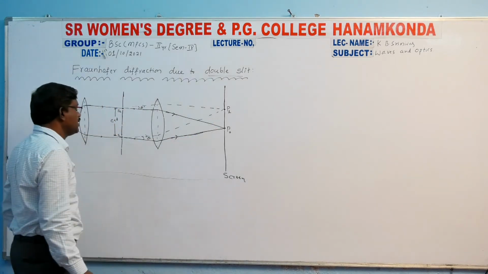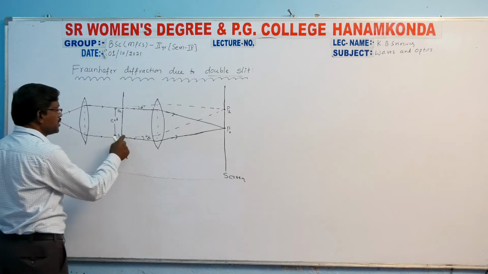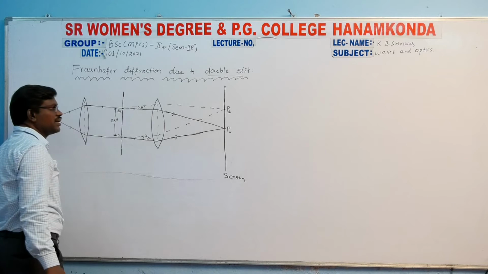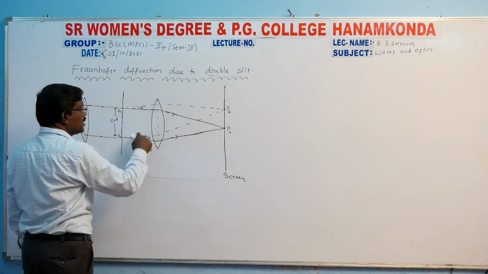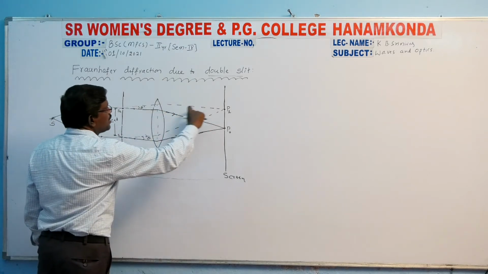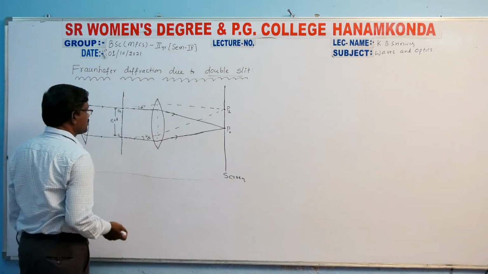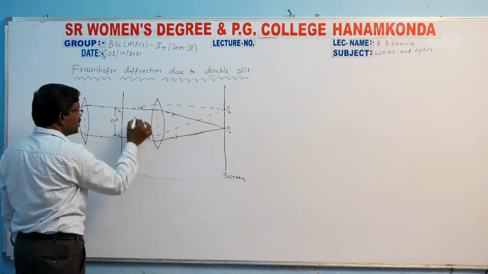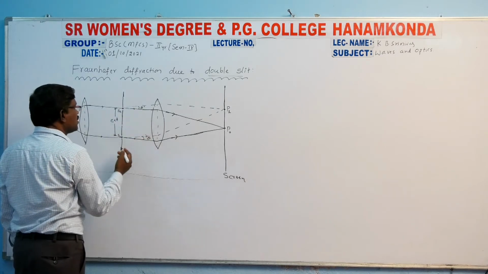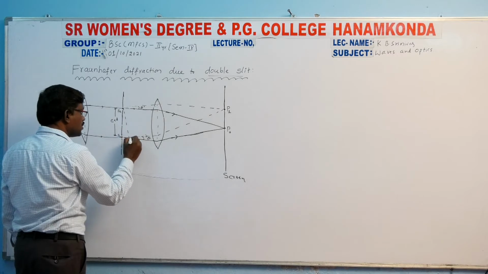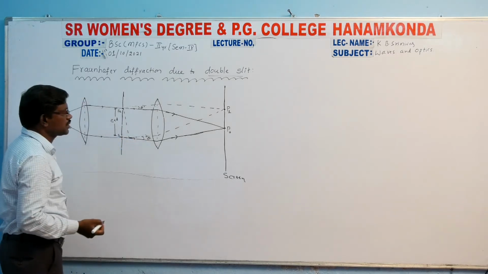I want to calculate the path difference between the two rays deviating through an angle theta. Every time we calculate the path difference between the diffracted rays, not normal rays. So I want to calculate the path difference between these two rays. For that we have to draw a normal. Is that clear?